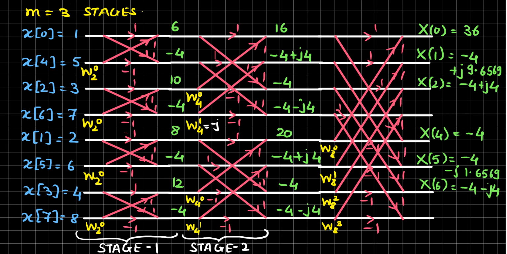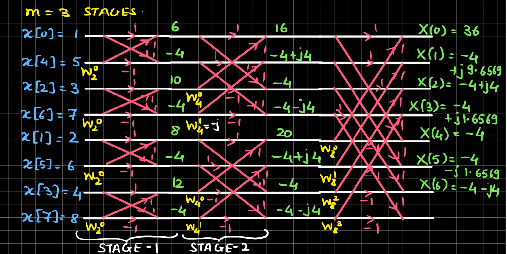So this x of 3 comes out to be minus 4 plus j times 1.6569.